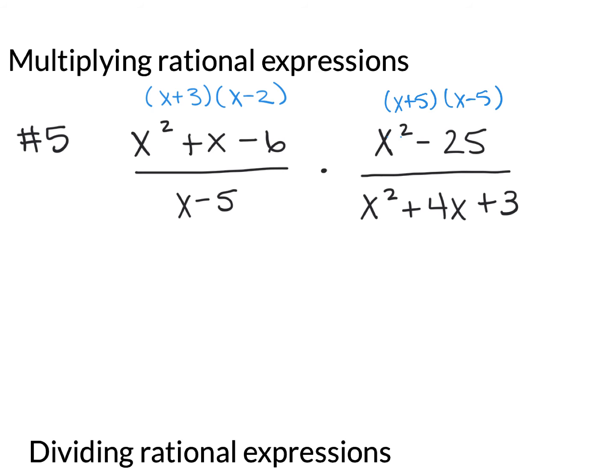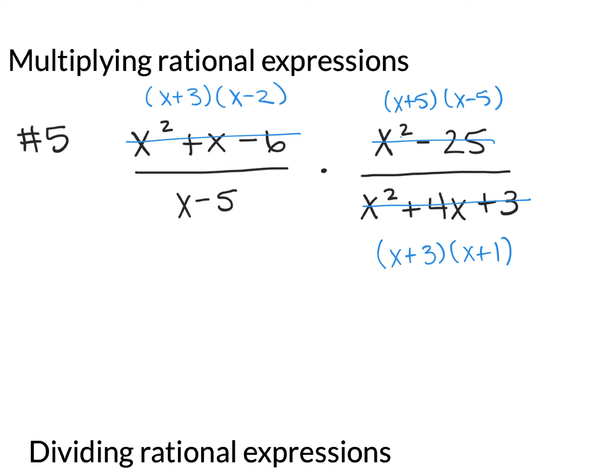Down onto our last quadratic, we have x squared plus 4x plus 3, multiplies to be positive 3, adds to be positive 4, is x plus 3, x plus 1.